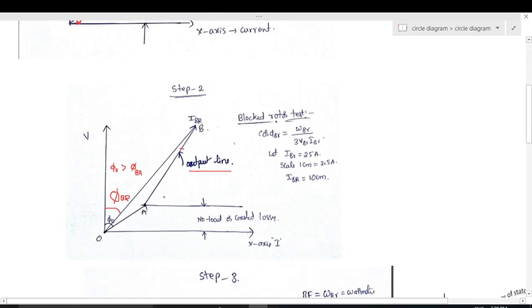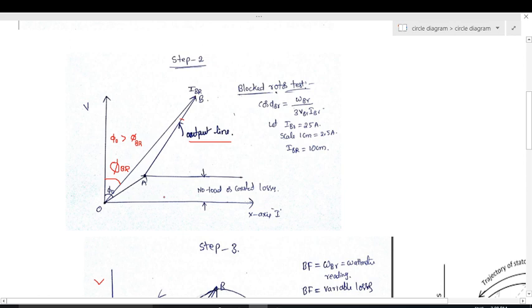Next step: from the no-load test we drew I naught, and from the block rotor test we get cos phi BR, the block rotor power factor. From this we can find phi BR, which may be some angle.